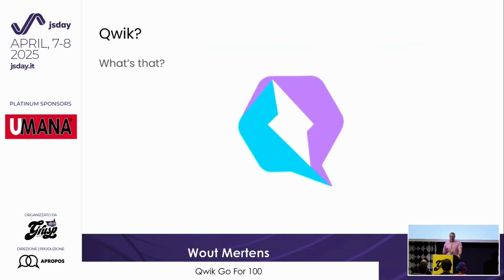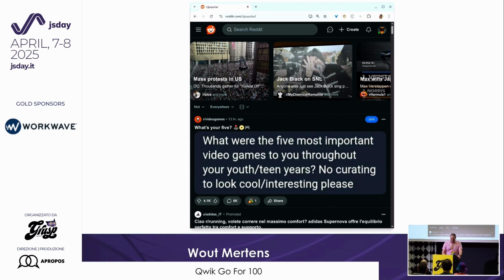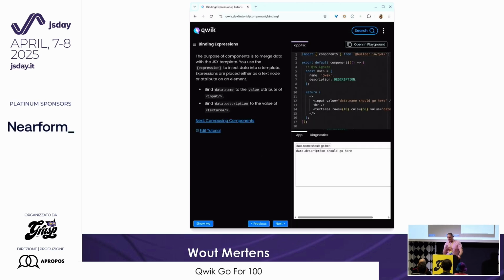So then I heard about Qwik, supposed to be good, right? I go to the site and check it out and I go, just yet another framework, and I close it. But then I think, what is this resuming thing? Then I open it again and read, and go through the tutorial, and I go, wait, this could be something. This is pretty good, right?